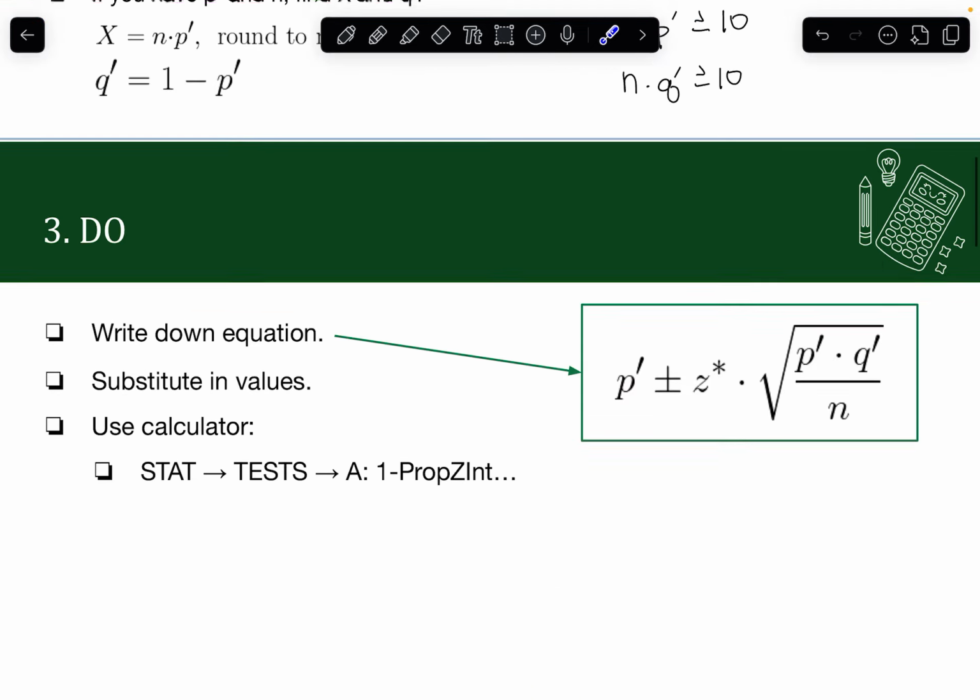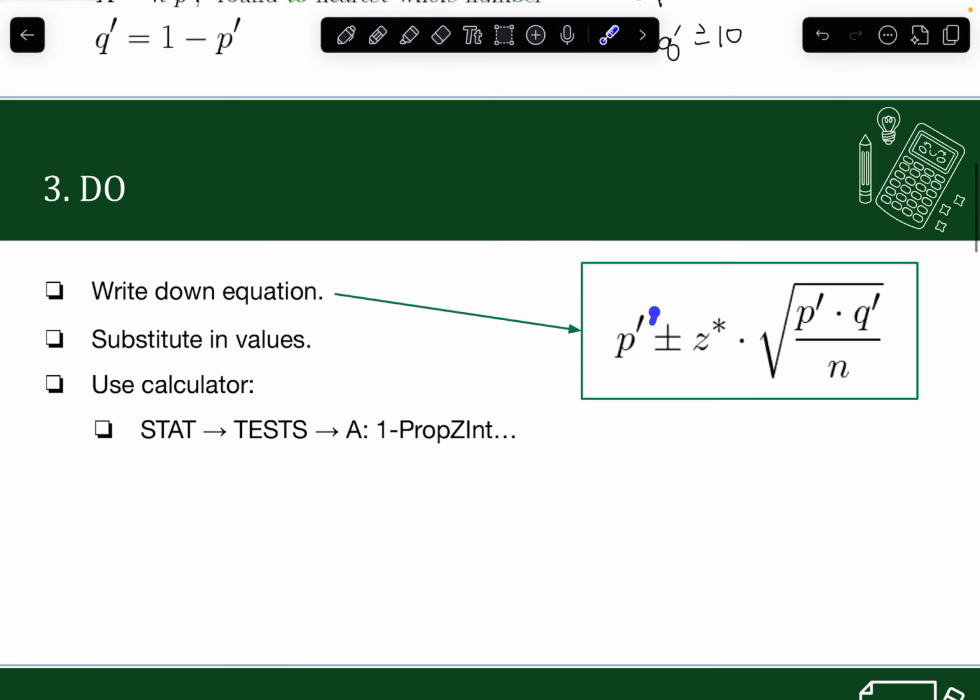We know what our formula looks like. Sample statistic plus or minus critical value times standard error. Critical value is a z-star. Standard error for proportions is square root of pq over n. You're going to substitute those values that you found in there, and then you're going to use a calculator function to find the interval.